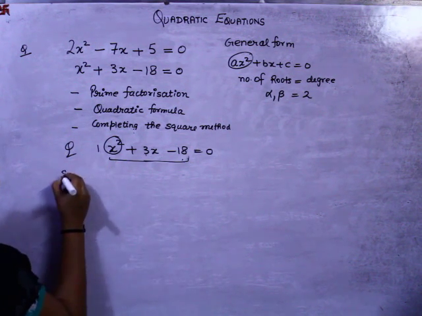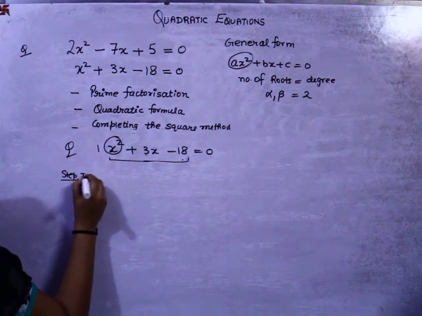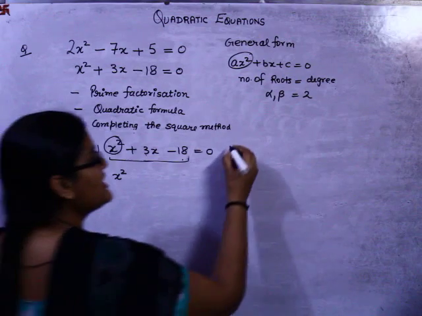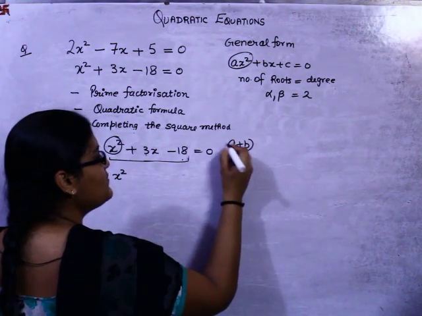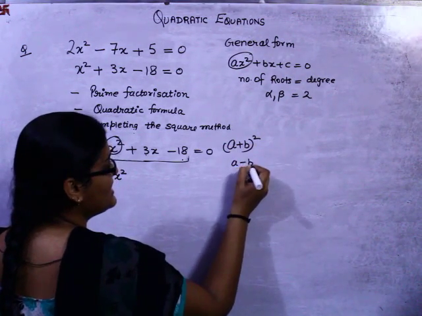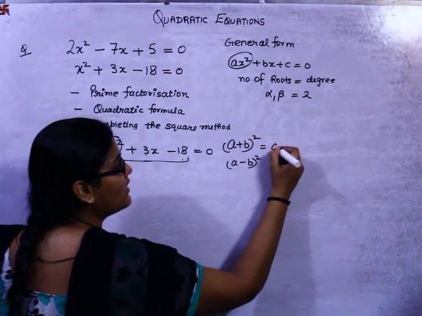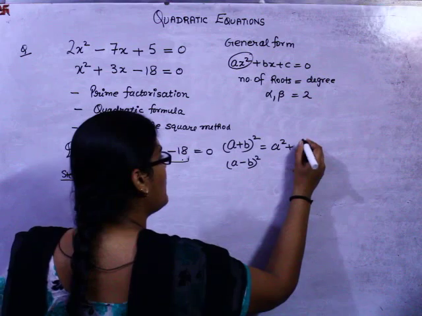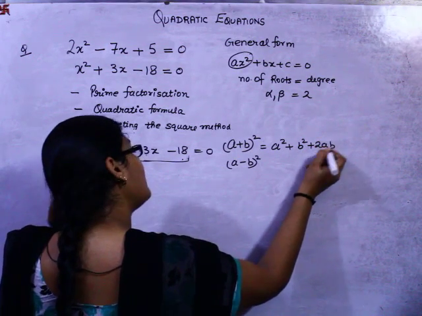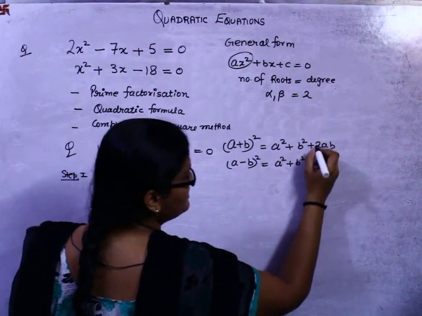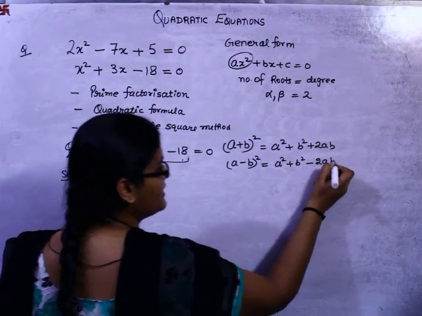So the step is, you have to make an identity which is either a plus b whole square or a minus b whole square. What is the identity of a plus b whole square? a square plus b square plus 2ab. And what is it for a minus b? Just the same, but there is a minus sign on the middle term.